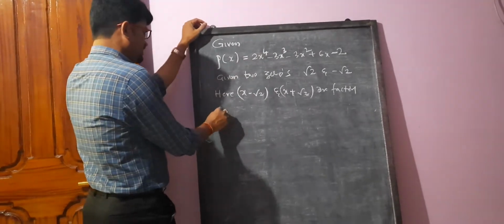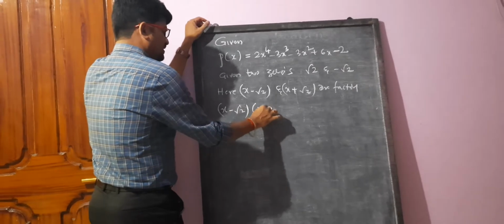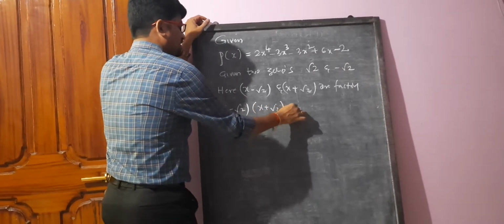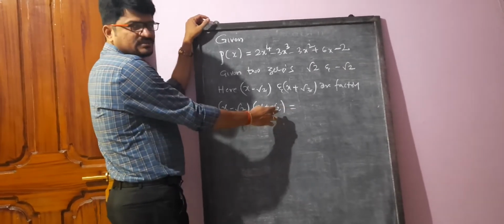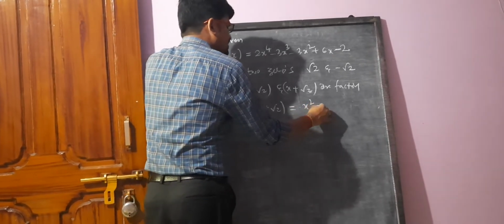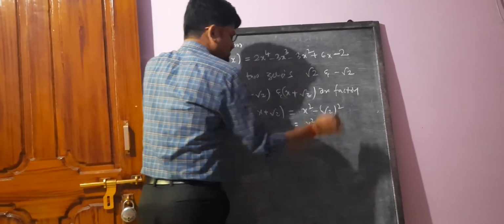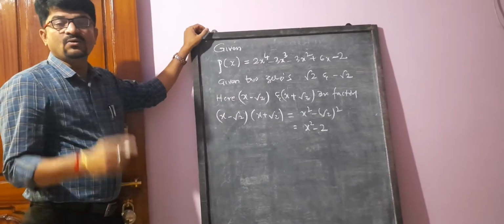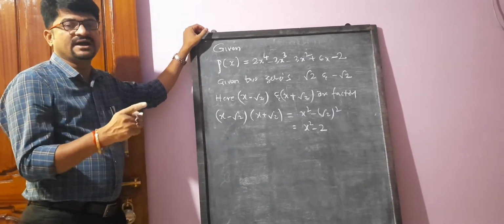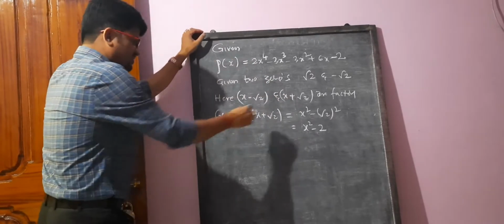Now find the product. X minus root 2 into x plus root 2. That implies, by the formula a minus b into a plus b equals a square minus b square, x square minus root 2 whole square, that is x square minus 2.